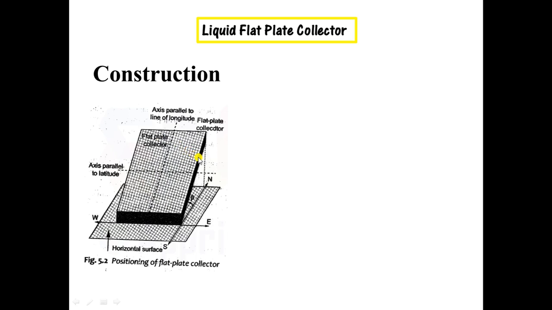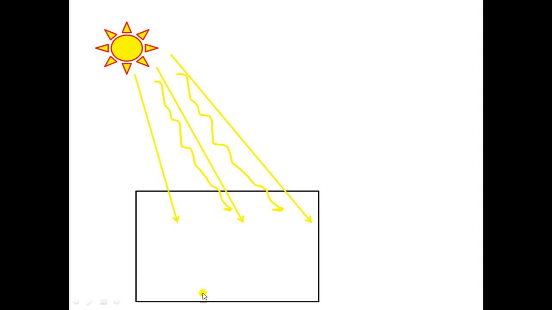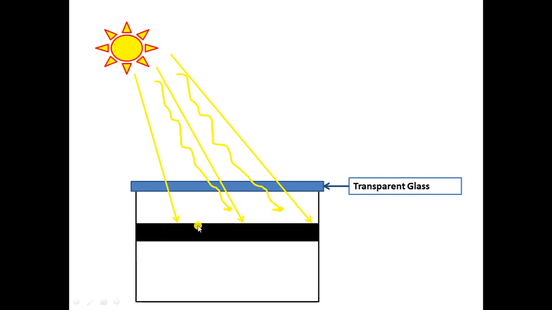Now let us see what it consists of inside. These are the solar radiations coming from the sun, both diffuse and direct type. This is the rectangular box of the liquid flat plate collector. Over its surface there is a transparent glass cover. Below this glass there is an absorber plate made of copper or aluminium, coated with black color.